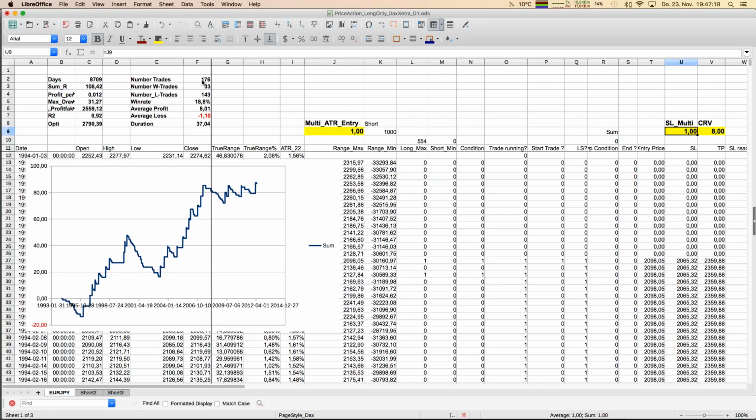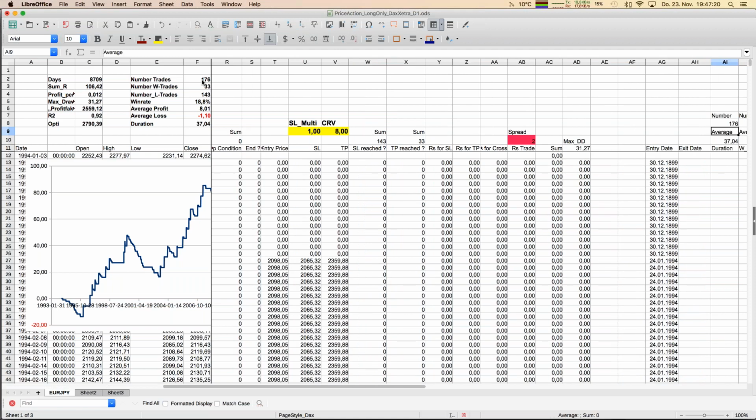Please don't forget, if you use those Excel sheets and you try other underlyings, always go for the right spread value. If you would use this spreadsheet here and put in data for euro, US dollar, and you would still have a 2 for spread, you will see you don't have any good strategy, because it will simply not work with that spread value for euro, US dollar.